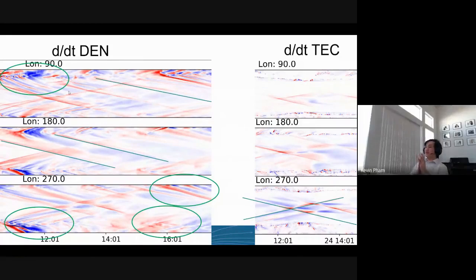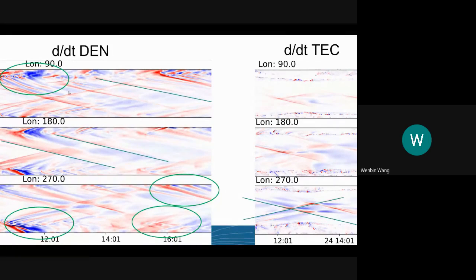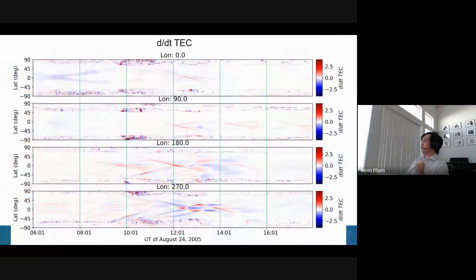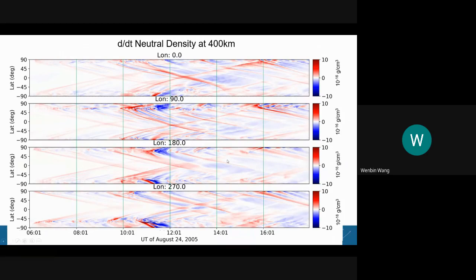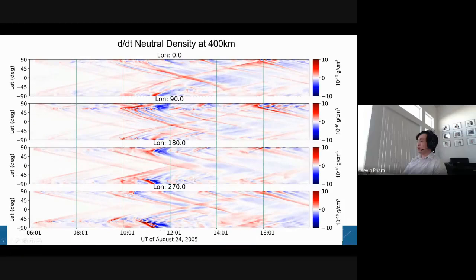Hi, Wenbin. Related to Gang's question, have you looked at the TAD and neutral temperature, and the altitude profiles of those things? I did the temperature with a similar plot to what you see here. It looks really similar to what the density shows. There wasn't as much difference.